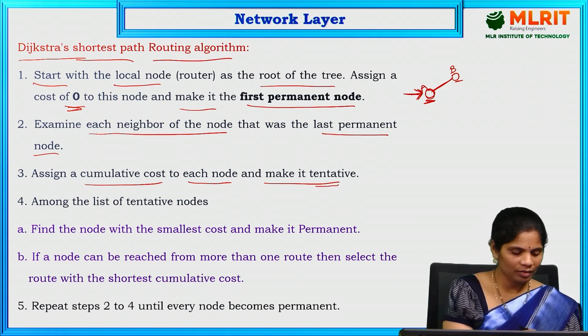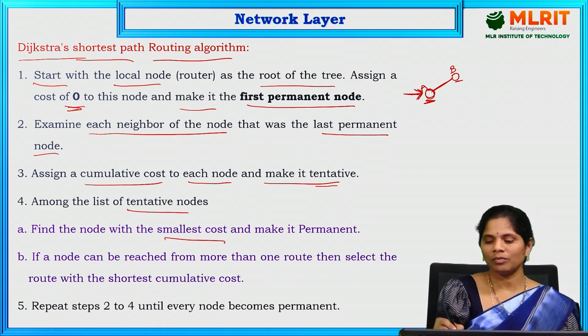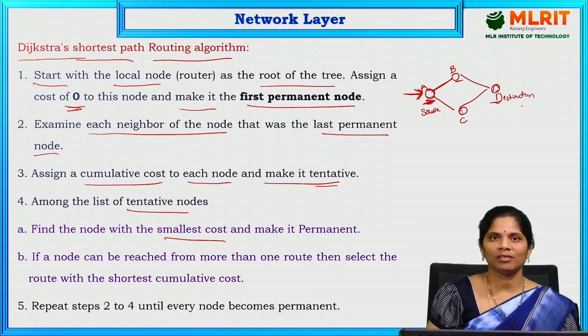Among all these tentative nodes, first you have to find the smallest cost. Suppose here is B, here is C, this is router C. If I want to go from router A to router D, this is the source and this is the destination. From source to destination I have to travel.